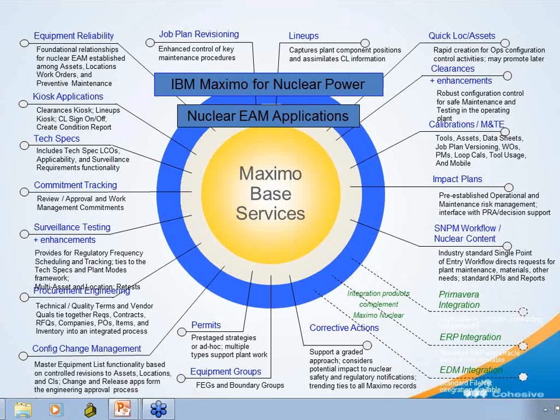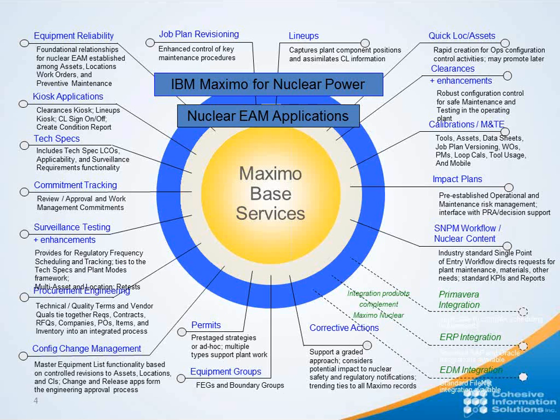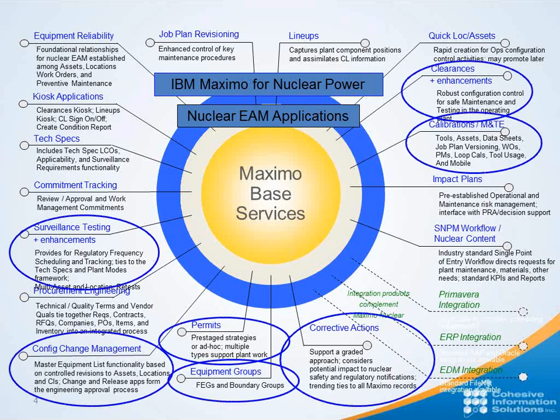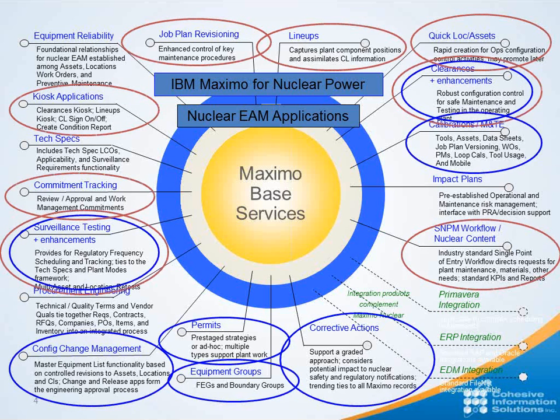It was initially introduced in version 6.3 of the nuclear solution, and when Mike clicks a couple more times, you'll see it was enhanced with version 7.1 and 7.11, as well as when the red one comes up, it was enhanced again further with 7.5. So it's really on its fourth major release.